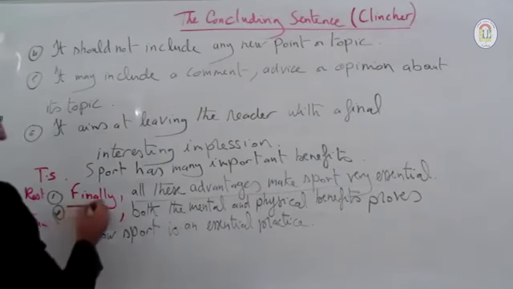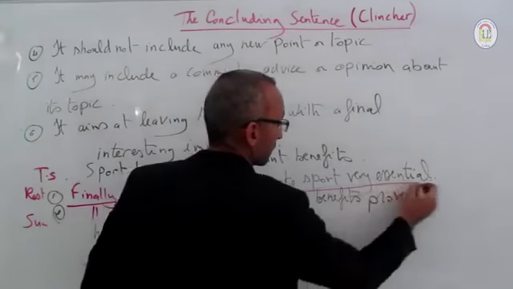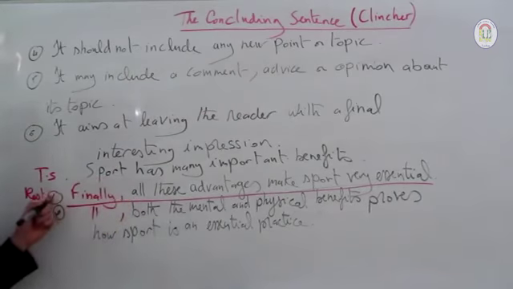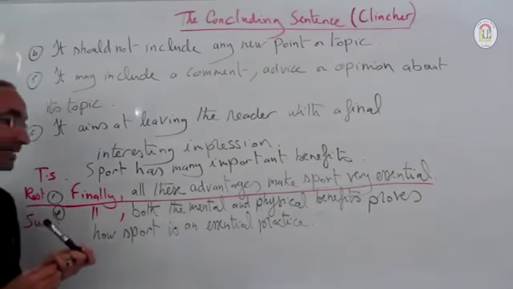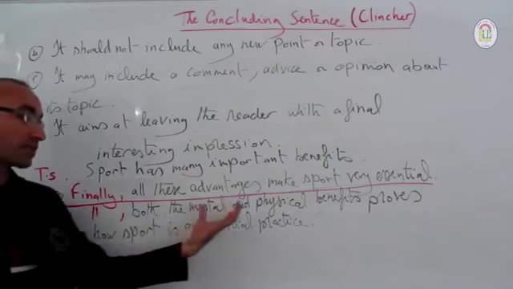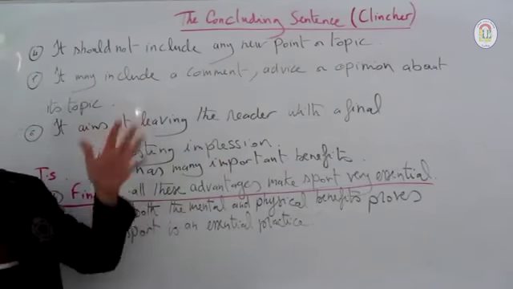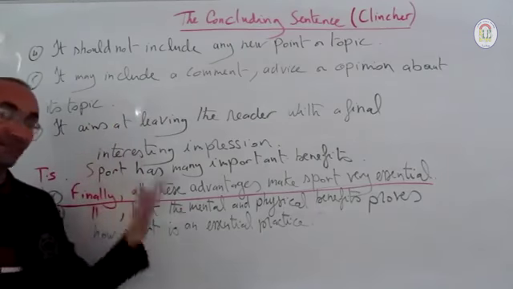The first one, in which I used only the restatement of the same topic sentence. Now number two, I have summarized the main points, as if I discussed the benefits of sport from two sides, physical benefits and mental benefits.